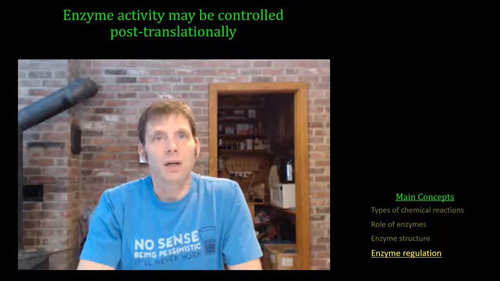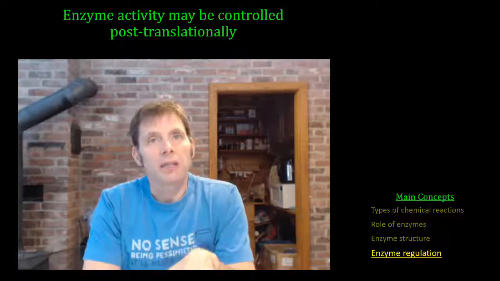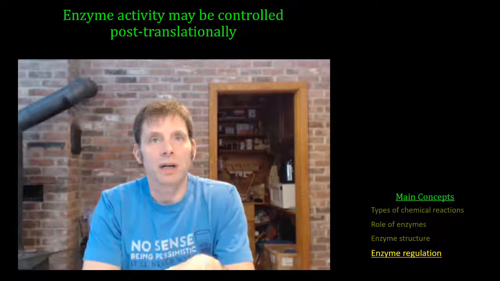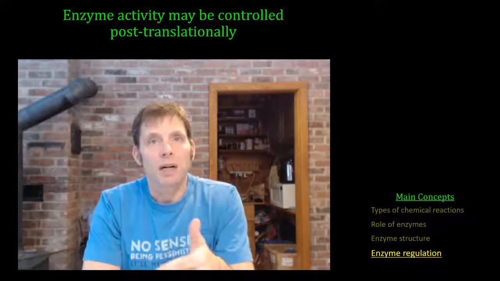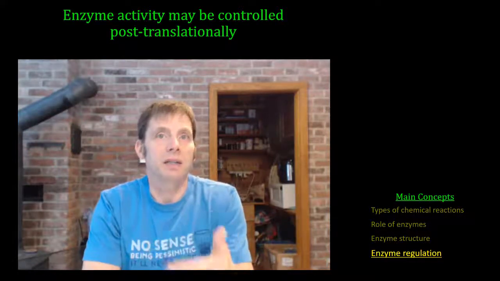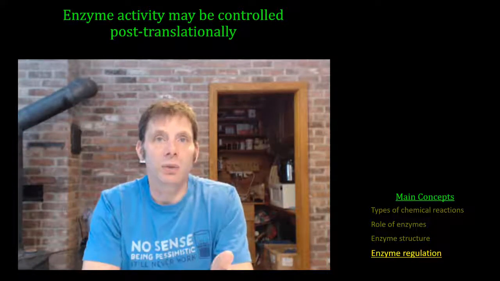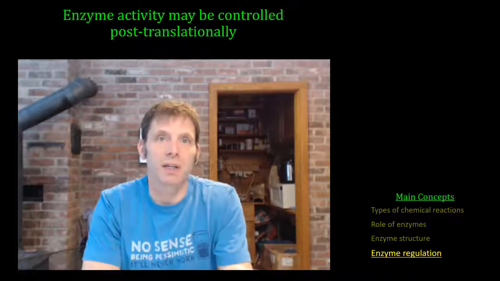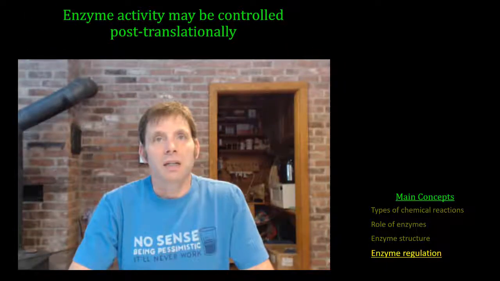Other enzymes are always around but waiting to be activated. So think of the enzymes that promote blood clotting. If we need a blood clot to happen, those reactions need to occur very quickly, and they can occur quickly because enzymes can be activated quickly. In blood clotting, an enzyme like thrombin is present, but it's inactive.